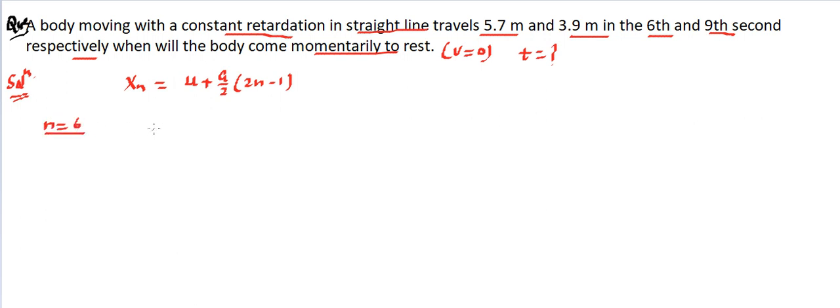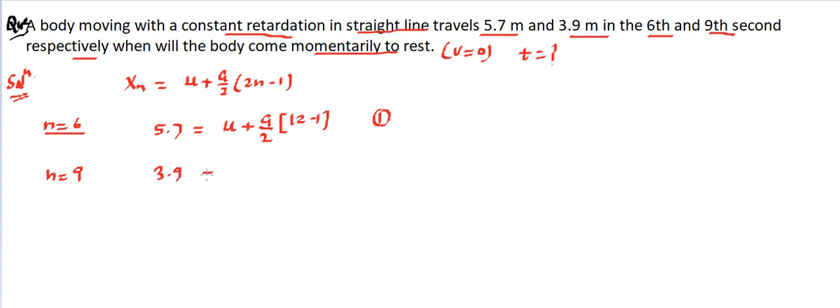You are going to get 5.7 equals, initial velocity unknown, a by 2, and then n is 6, so it becomes 12 minus 1. So that's one equation. Then we can use n equal to 9, where the displacement is 3.9.